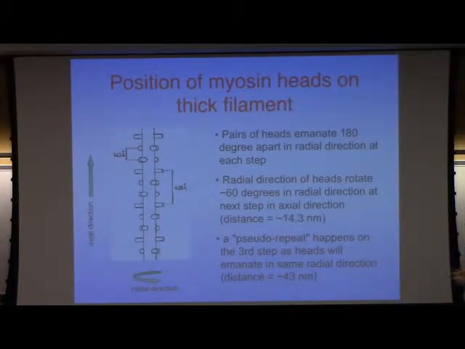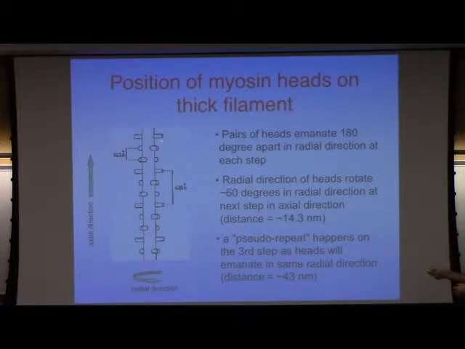Now, how's this set up? On the thick filament, drawn in this direction, you have myosin coming off 180 degrees apart. Actually, there are two heads. We don't really know why there are two heads connected together, but there are two heads and two tails connected. They come off 180 degrees, and then you go down the next step, and it rotates 60 degrees, and you come off in the opposite direction.